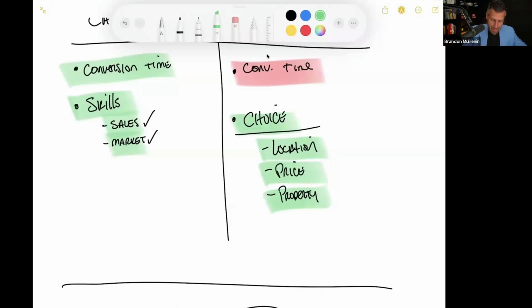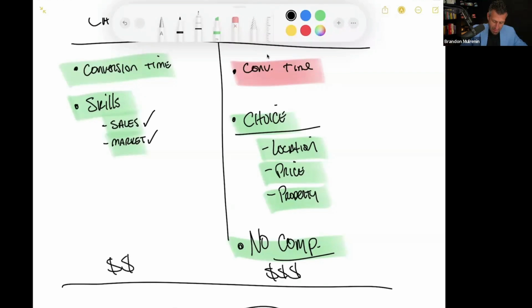Oh, and by the way, probably the biggest one, to your point, is no competition. I mean, that's huge. And then, which correlates with money. You know what I mean? Because if there's more competition, dude, there's going to be a compression on compensation for sure.